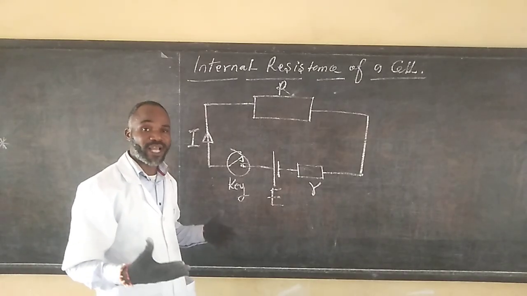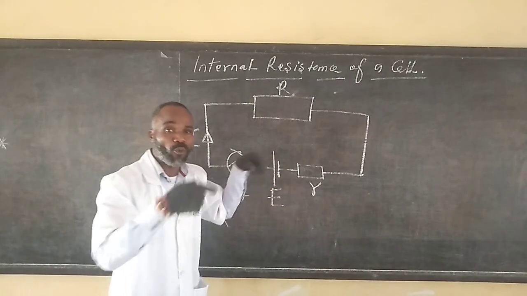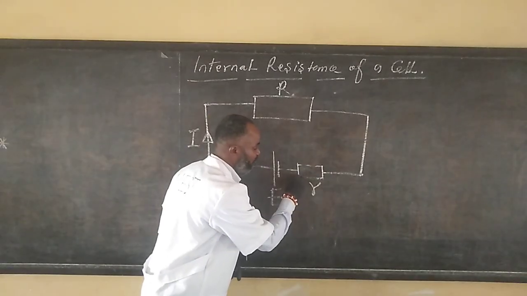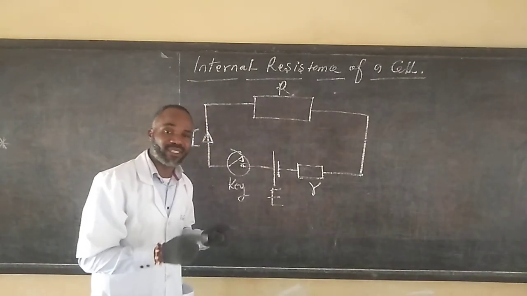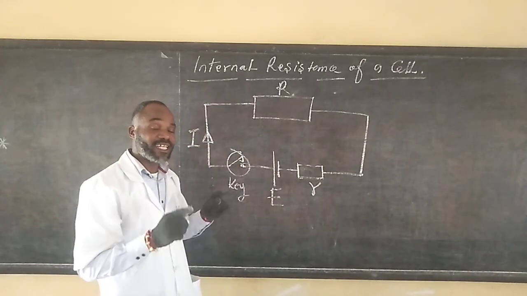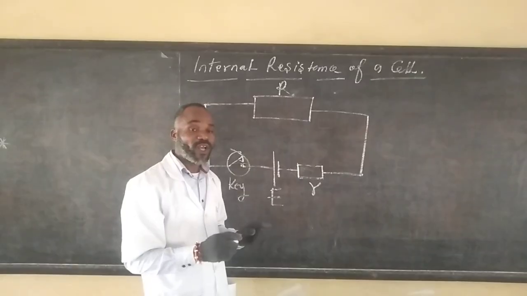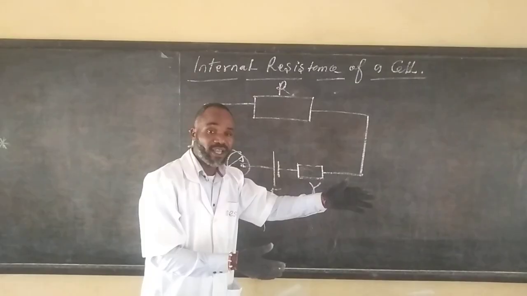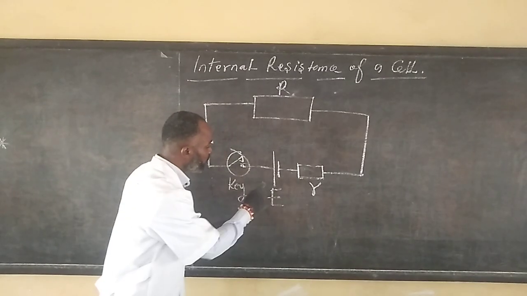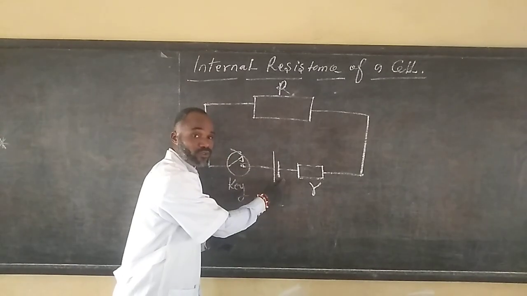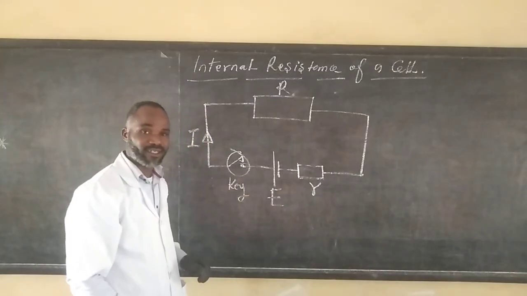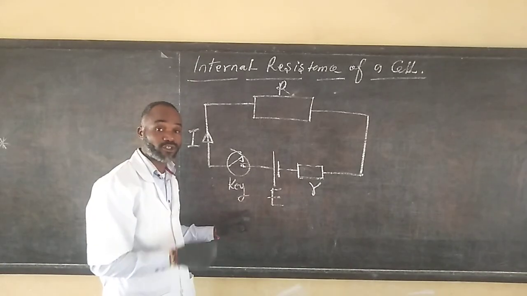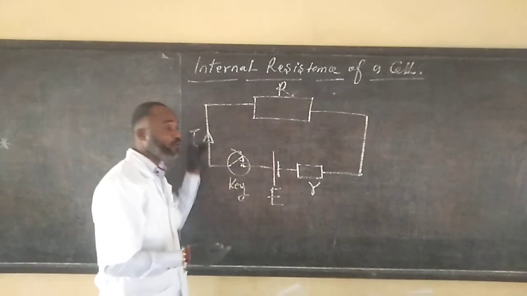We are trying to analyze what happens within the cell. This is the internal resistance. What is the effect of the internal resistance of a cell? The internal resistance of a cell offers opposition to the flow of current as a result of chemical change between the two poles of the cell. Because once the key is switched on, current flows.